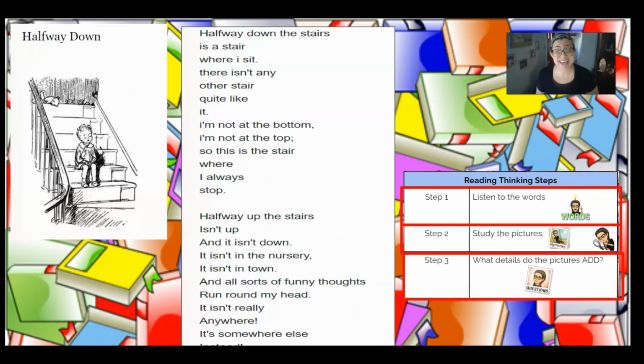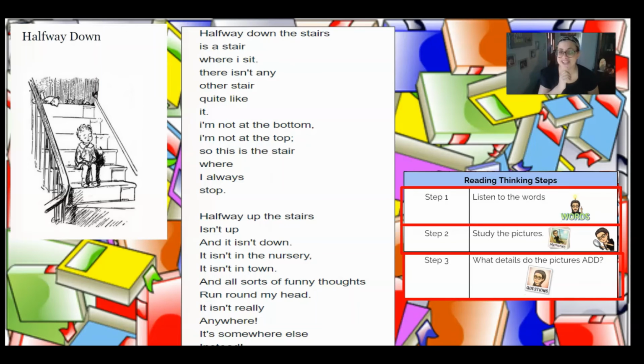You probably said you used your sense of sight as you needed to see the illustration and you saw the details in the picture, as well as you were able to see the child and pull all of the details, like the child was young, the child was sitting on the stairs. You were also able to use those spy eye glasses to help you see better, to dig out all those details.